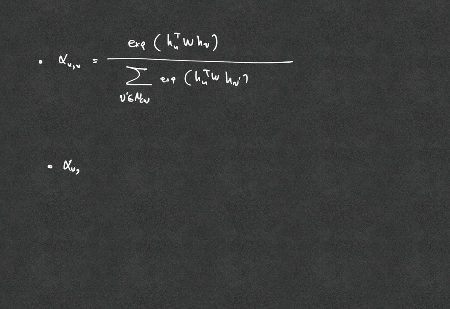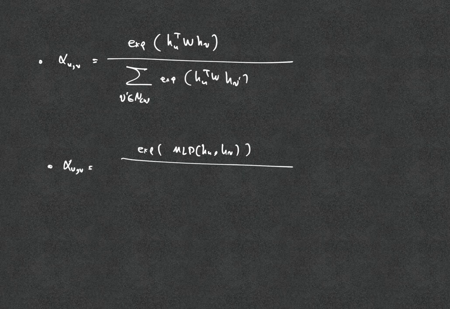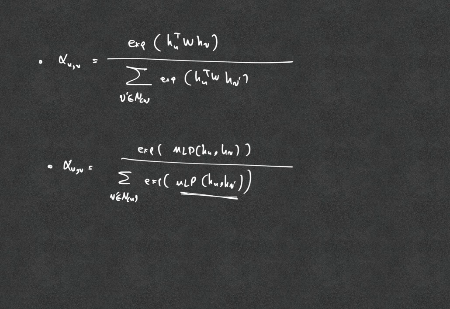Another form, which is also acceptable, is to have an MLP. And again, you have the softmax. Just note that the MLP here is expected to output a scalar value.